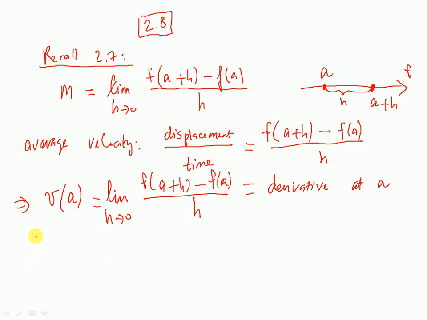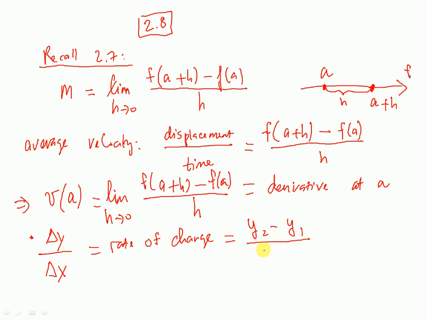Now recall that if we have a quotient delta y over delta x, this is called the rate of change, which is the slope, or y2 minus y1, the change in y, over x2 minus x1, the change in x. So delta y over delta x is the rate of change.